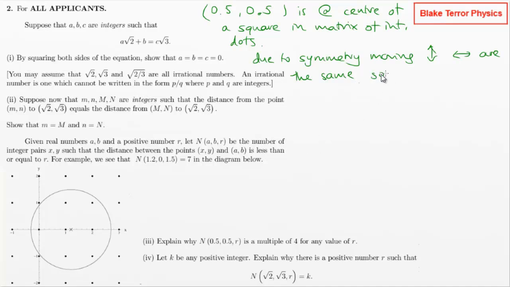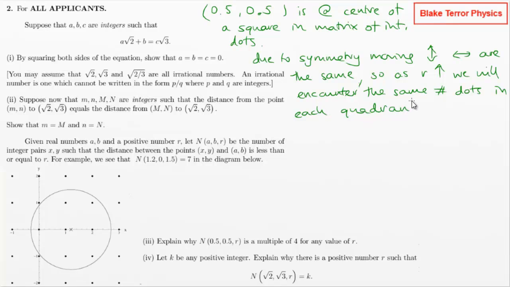So as R increases, we will encounter the same number of dots in each quadrant. That's where symmetry comes in. Same number of dots in each quadrant. So as in northeast, southeast, southwest, northwest.